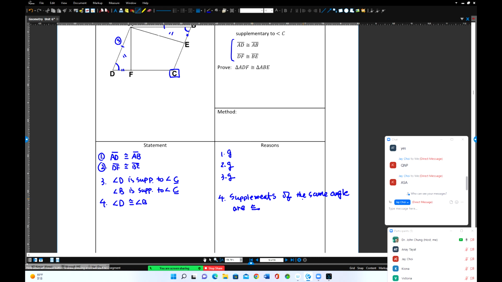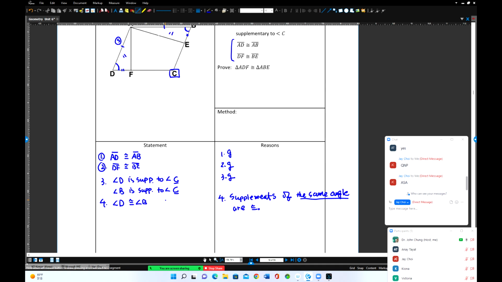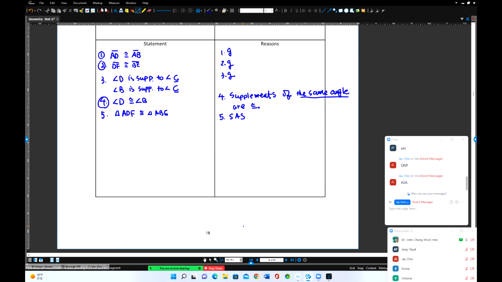A little different, because angle C equals angle C, it's the same angle. So we got everything, side, angle, side. Now it's enough to say these two triangles are congruent: triangle ADF congruent to triangle ABE. The reason is side angle side. Now move to the next one.